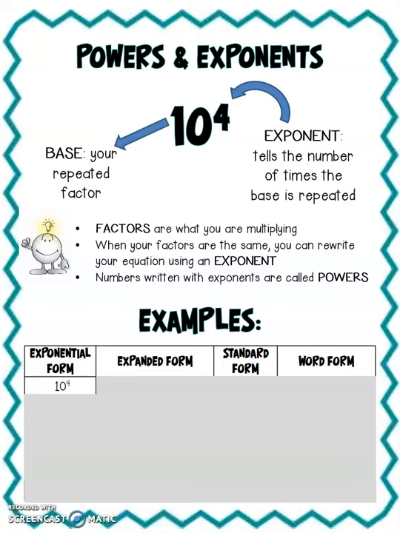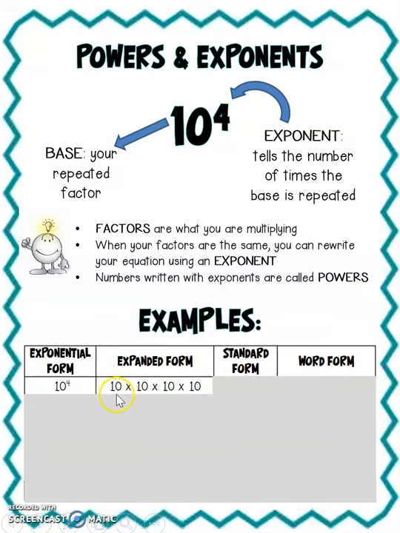First, let's go back and look at our 10 to the fourth. I know that I have a base of 10, which is what I'm going to repeat, and an exponent of 4, which tells me that 10 is going to be repeated 4 times. So in expanded form, that would be 10 times 10 times 10 times 10. I'm using the factor of 10 and repeating it 4 times.